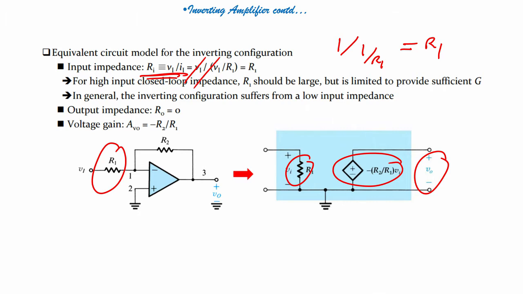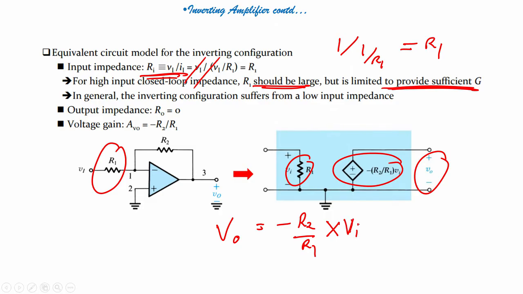For high input closed loop impedance, R1 should be large, but is limited to provide sufficient gain. What does that mean? If I have AV, what is my gain here? R2 by R1, right. And output voltage Vo is R2 by R1 into input voltage Vi.